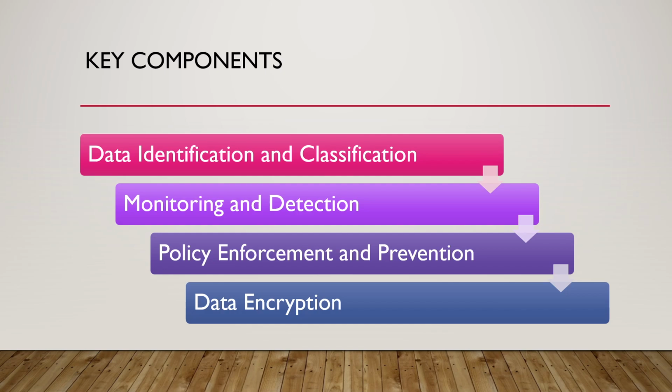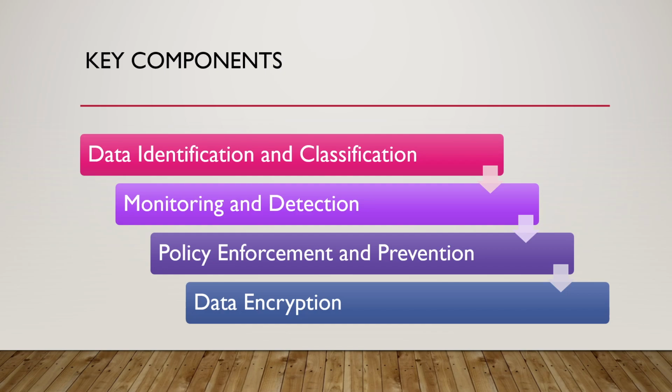We need a system that will enforce this, so there's policy enforcement and prevention, where it may just be an alert to let administrators know that sensitive data is being accessed or transmitted in a way that violates our policies. It may actively block the user from doing it, and it may even quarantine files so that they can be reviewed by the security team before they're released again.